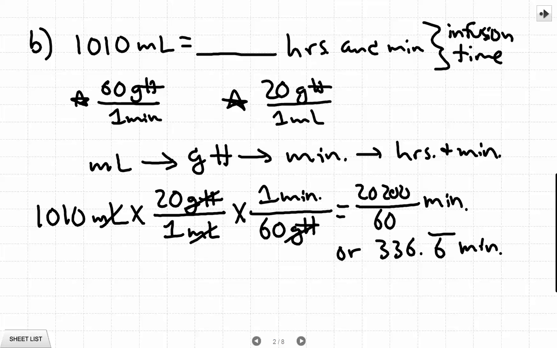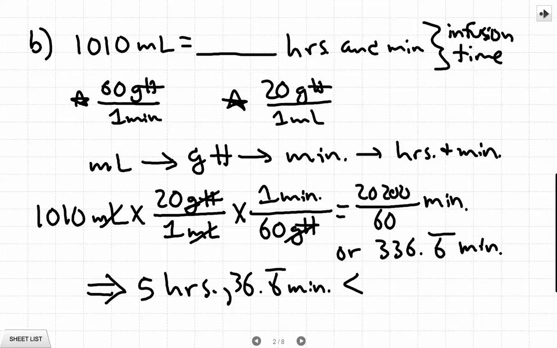And since we know every 60 minutes is 1 hour, what you end up with is 5 hours and 36.6 minutes. So that's basically 36 2/3 minutes. But that's clearly less than the 6-hour infusion that we would hope for.